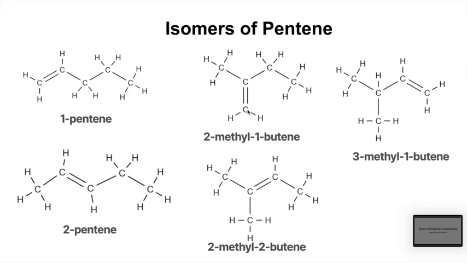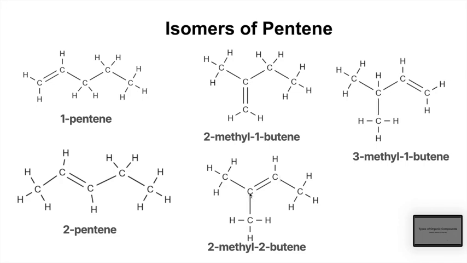This example, 1, 2, 3, 4. So this is 2-methyl-1-butene. Here 1, 2, 3, 4. The double bond is present between the second carbon and the third carbon.